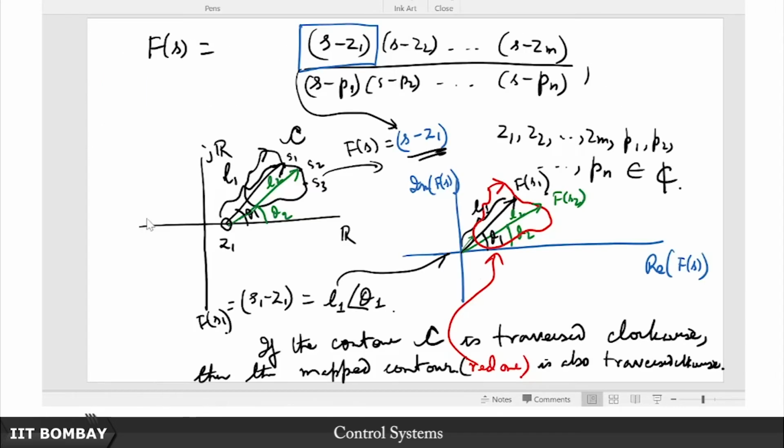Which is the Fs plane? Of course, the Fs plane is the codomain. So this is the Fs plane, and that is quite obvious here.